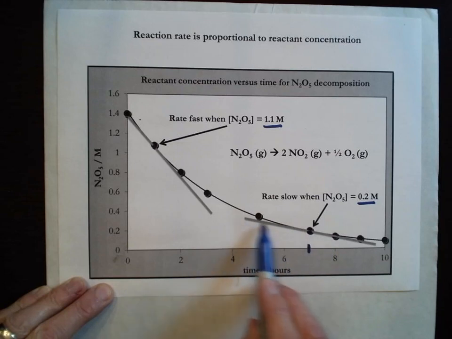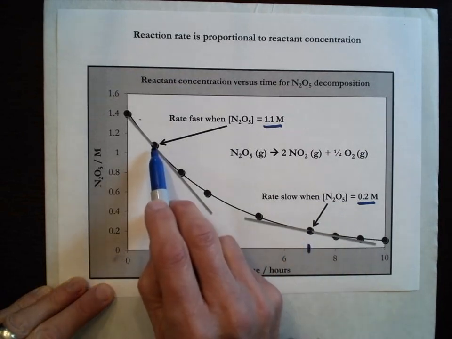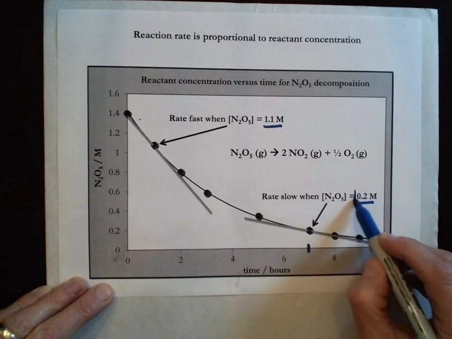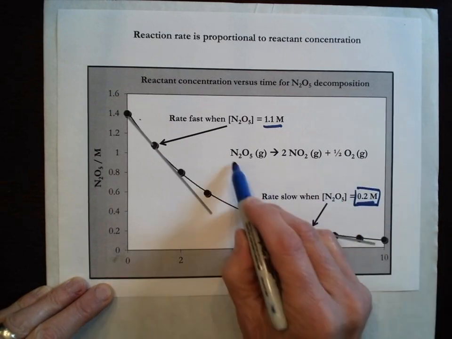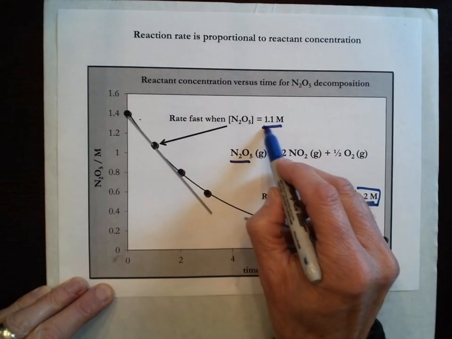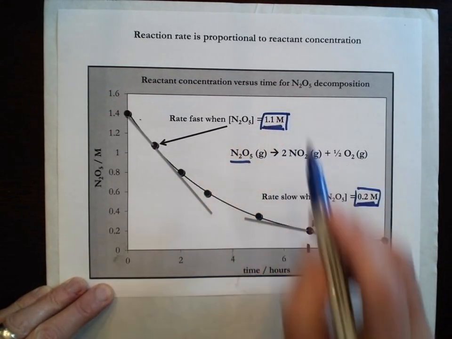It's a lot more shallow. And this tells us that the rate of the reaction is much slower at this point than it is at this point. That is to say that the rate is slower when the concentration of the reactant is lower, and it's higher when the concentration of the reactant is higher.